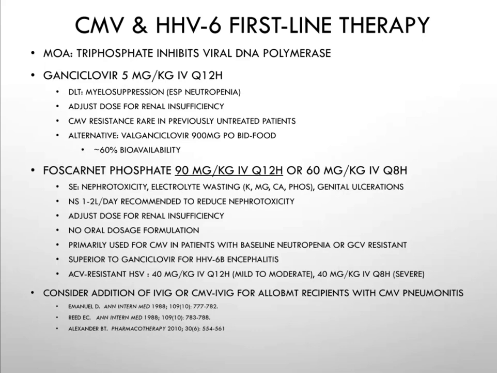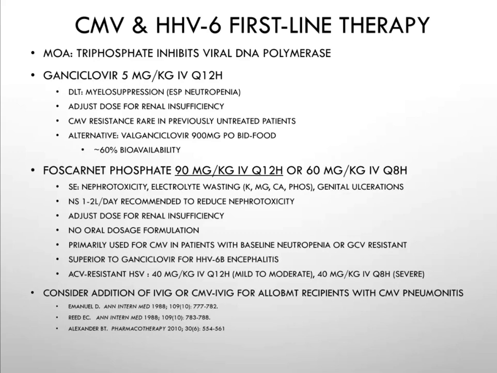We do have to adjust the dose for renal insufficiency, there's no oral option here, and we try to reserve it for patients when we're treating CMV, patients with baseline neutropenia, or those who have ganciclovir-resistant disease. And it may be superior to ganciclovir for HHV6B encephalitis, so that's a role.